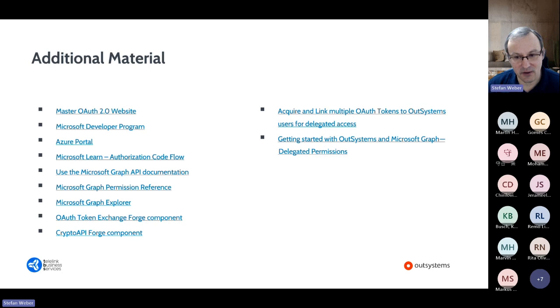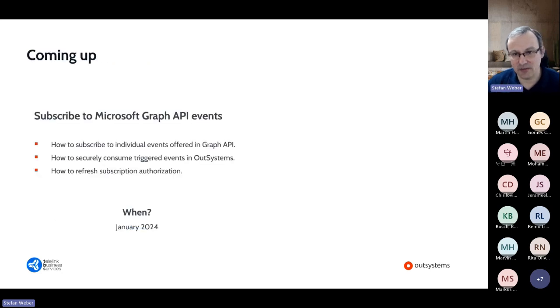And what's coming up? So now that you know how to acquire credentials using an application or using a user, and how to use the Graph API endpoints, which is actually very simple, then you're ready for subscribing to events. So that is, you want to trigger your application every time something happens in Graph API. For example, you want to react on inbound emails, or when someone creates a contact, or when someone creates a new Outlook group or whatever.